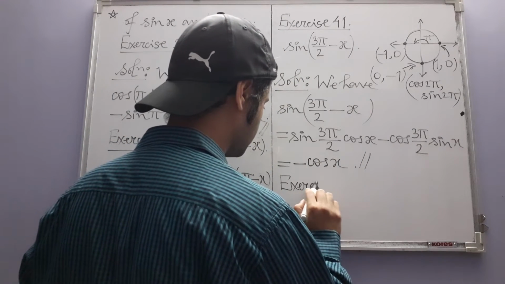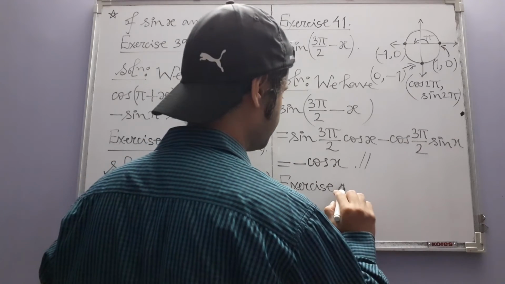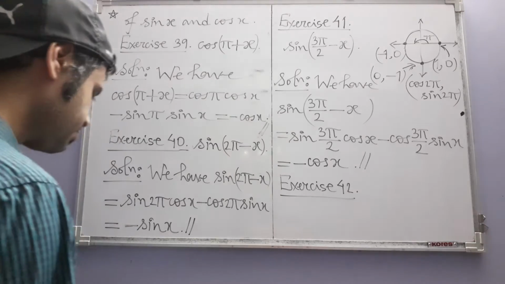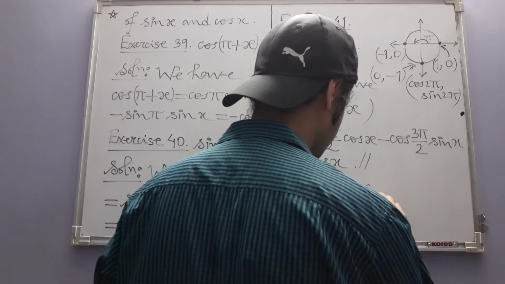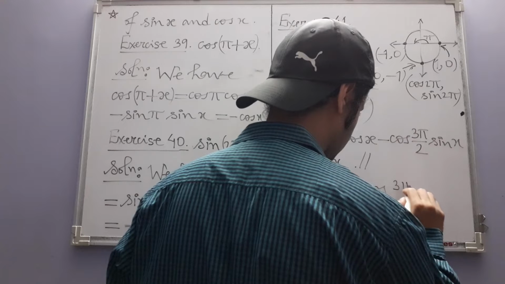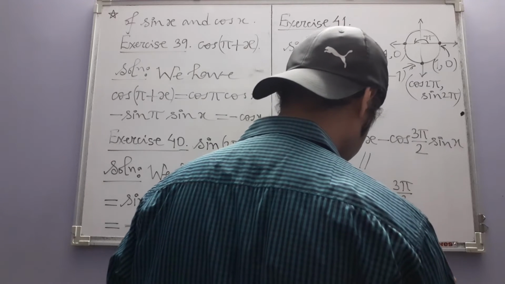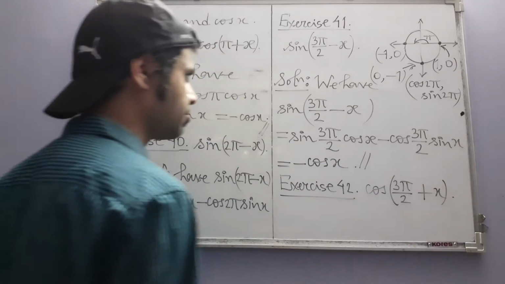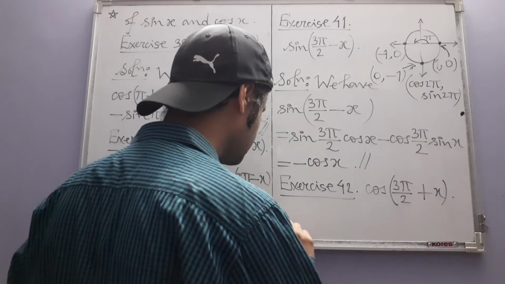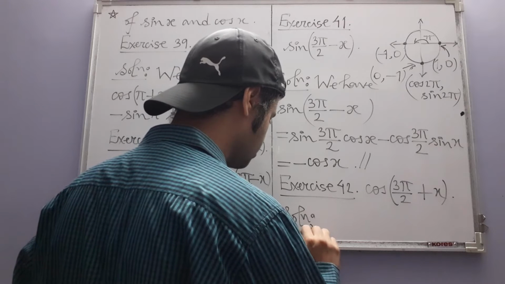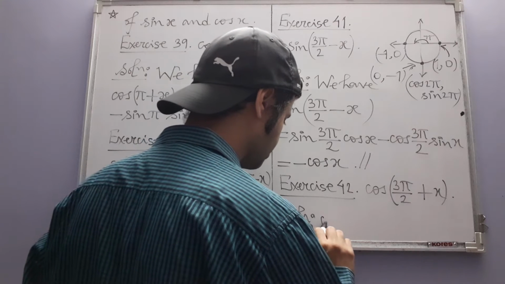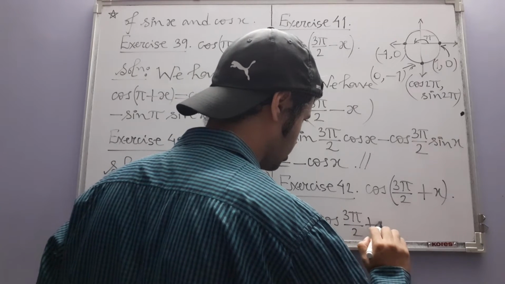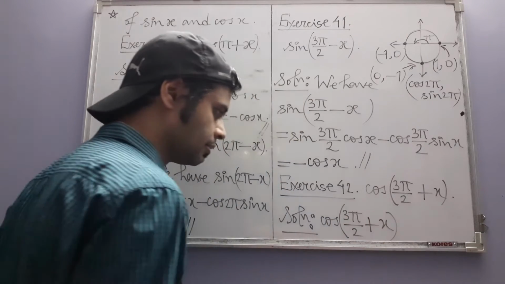Next, cos of 3 pi over 2 plus x. We have cosine now, and also we have plus. Fine, that's not a problem. I am not even writing "we have" anymore. Not that you should not write, I am just simply making things faster.